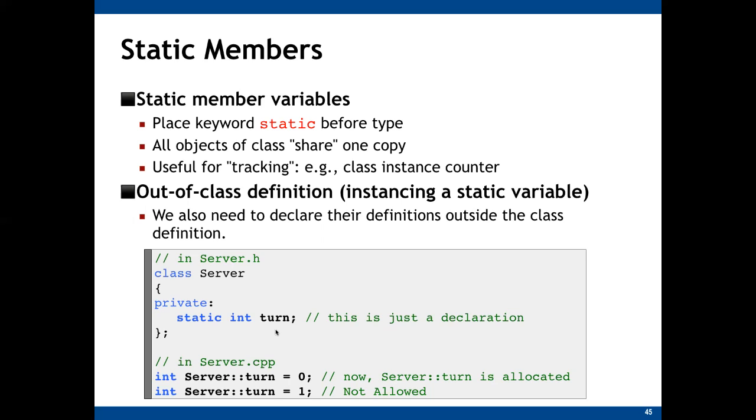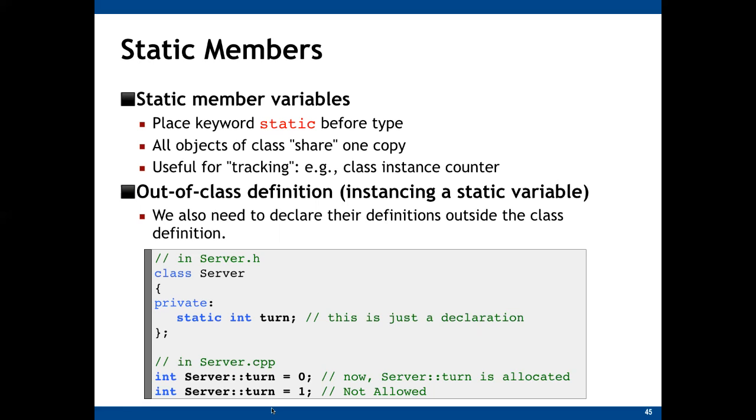And every static variable must be initialized outside of the class definition. The C++ compiler enforces that you do not initialize the static member variable inside the class definition. So you cannot do that. Here in this example, we did not initialize the static variable inside the class definition.